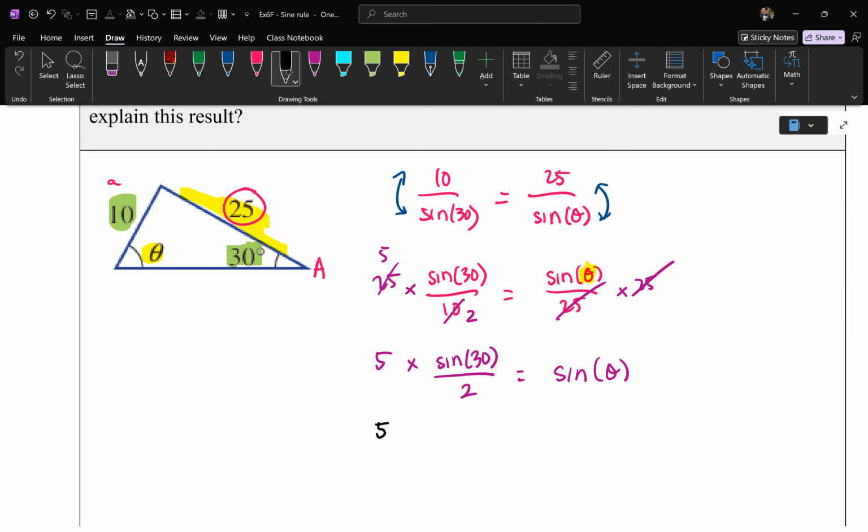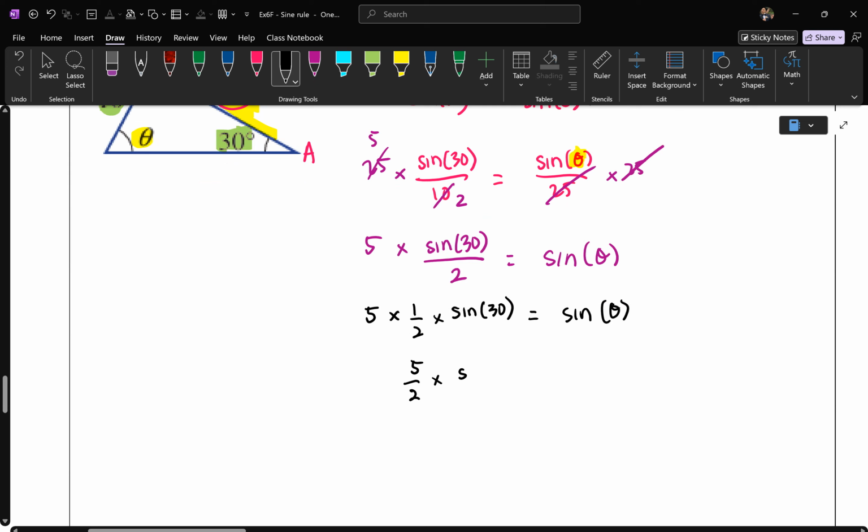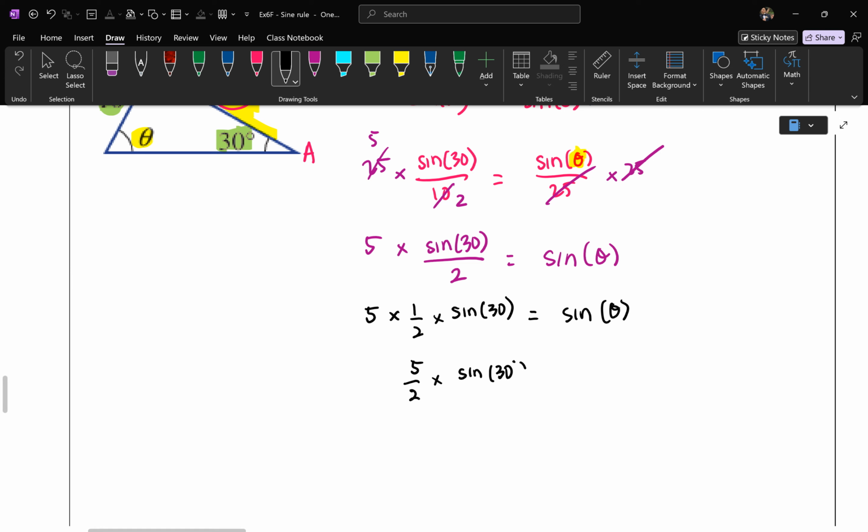I can just say it's 5 times a half times sine of 30. True? Because that 2 is the denominator. If you times them together, it's still the same. So another way, I'm really saying it's 5 over 2 times sine of 30 degrees is equal to sine of theta.